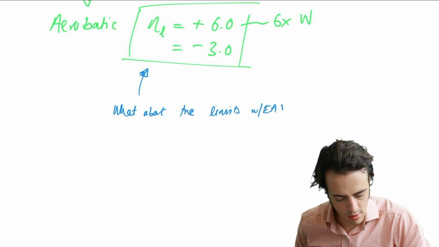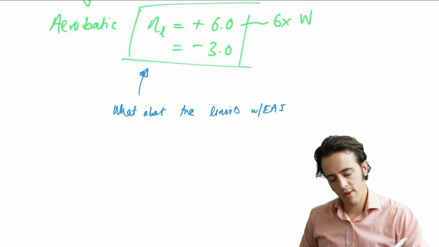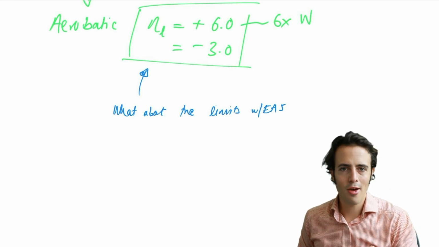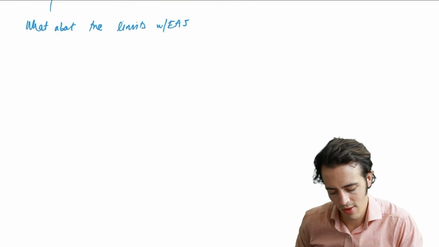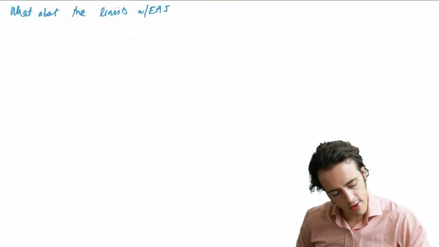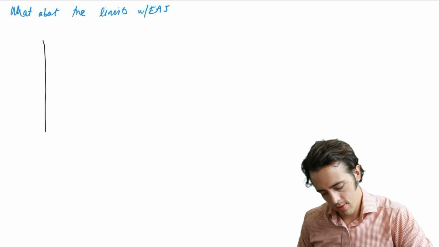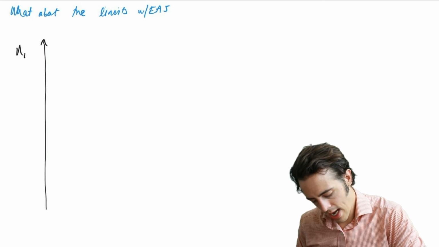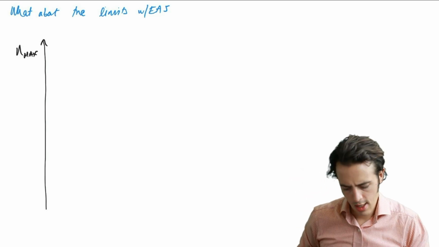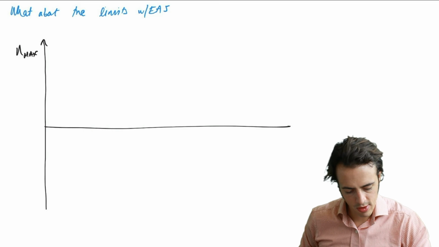And we'll do it in terms of equivalent airspeed, because in terms of equivalent airspeed, all of these load limits are going to be the same at any altitude. So that's why it's useful for us. So let's draw this out. This is my load limit, so we'll put on here N max. Okay, and we're going to plot this versus forward speed.